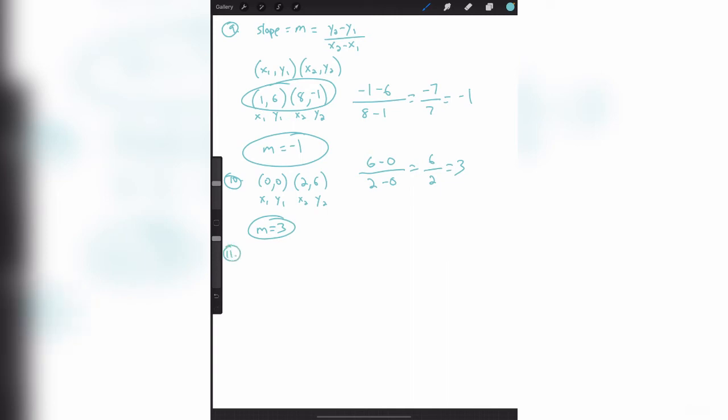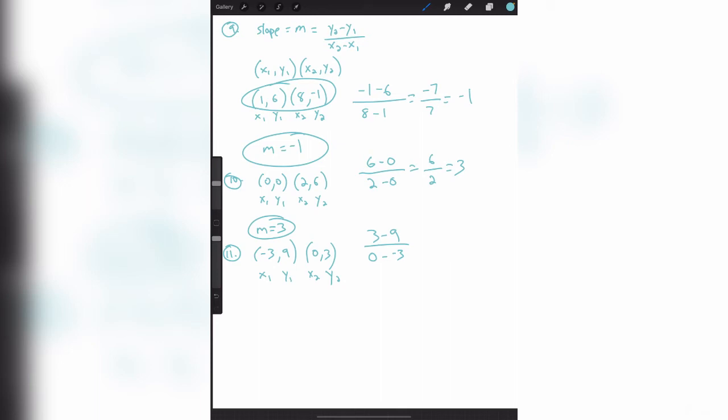All right, number 11. We have (-3, 9) and (0, 3). So this is x1, y1, x2, y2, we take y2, which is 3, minus 9. And then we have 0 minus negative 3. Okay, that's important. You subtract, and then you have a negative 3 at the end.